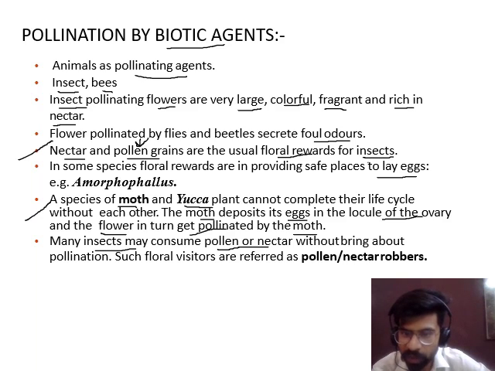So the pollination will not take place. So these visitors are known as pollen and nectar robbers. Robbers means जो चुराते हैं, ठीक है? तो जो वो insects होंगे वो उन्हें हम robbers बोलेंगे, जिन्होंने pollen grain को और nectar को ले लिया है लेकिन pollen grain को transfer नहीं किया है.